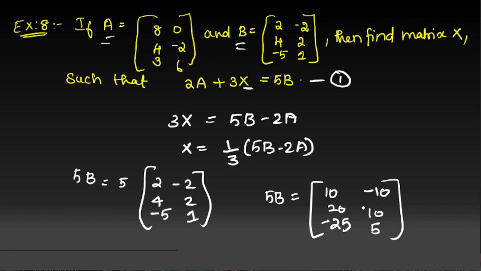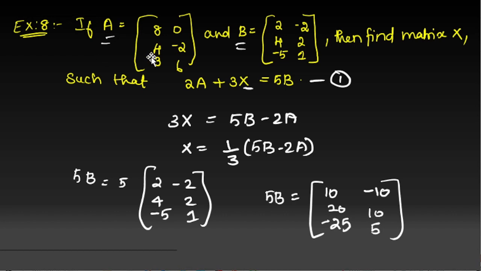Now you have to find 2A. What is 2A? It is 2 into your A value. What is your A value? A is 8, 4, 3, 0, minus 2, 6.